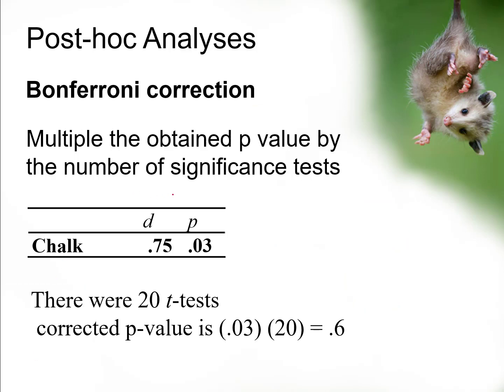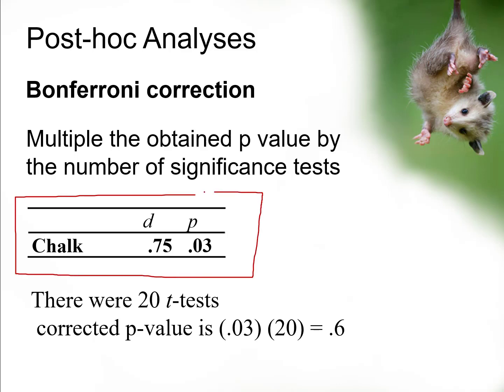Or for example, we looked at that study I did where I found a gender difference between men and women and how much they liked chalk. And in that case, I had a p-value of 0.03. But recall in that example, I had done 20 different t-tests. There were 20 different significance tests that I'd done, and just one of those was significant.